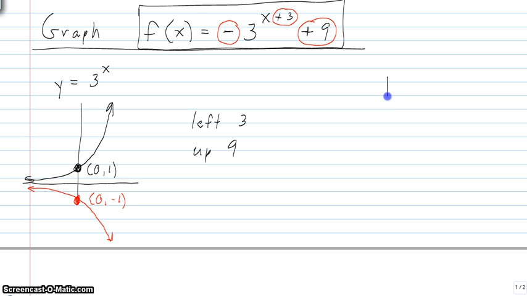So just to get a quick sketch of what this is going to look like, this point is going to shift to the left 3, so that'd be -3, -1. And then up 9, that would be at -3, 8, so up here somewhere.